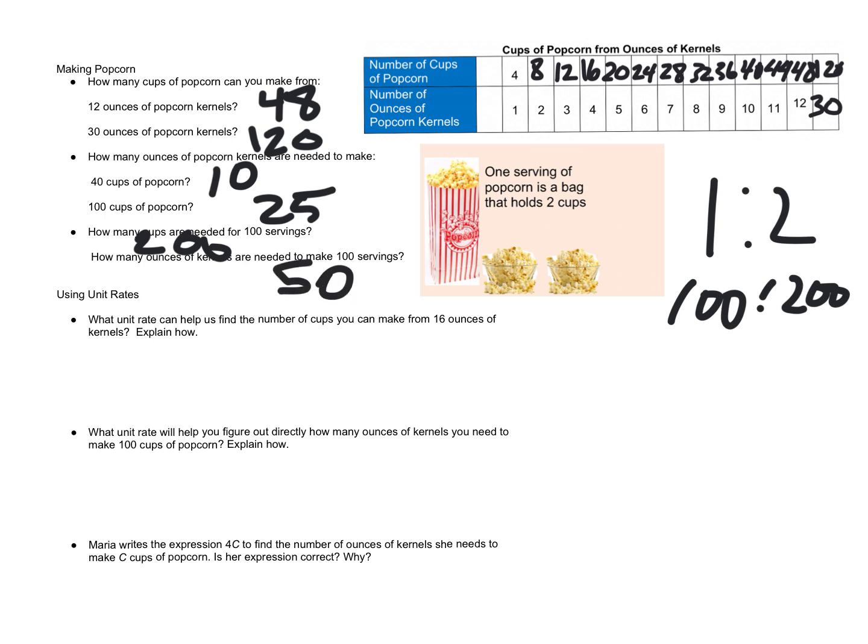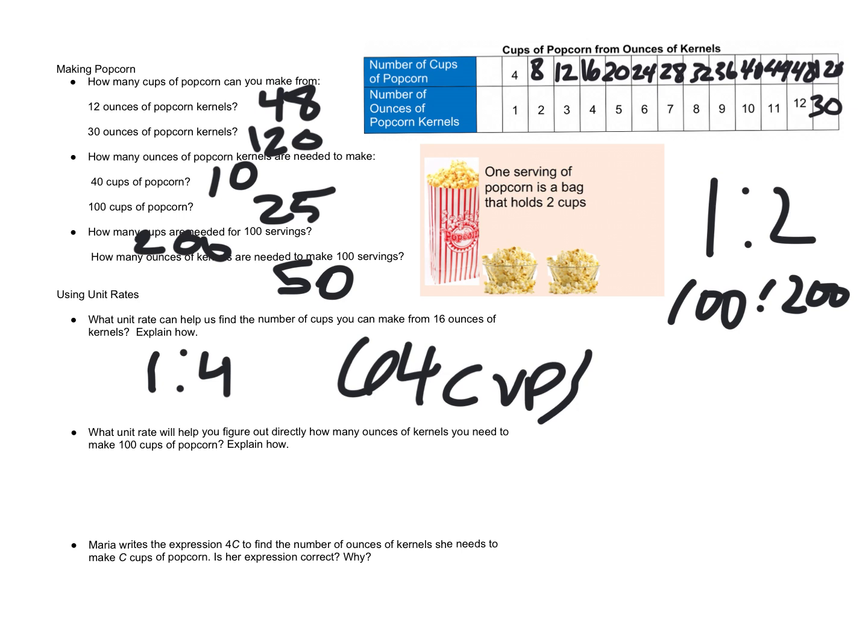All right, let's move on to the unit rate section here. What unit rate can help us find the number of cups you can make from 16 ounces of kernels? We're going to use one ounce of kernels for every 4 cups. That would be the unit rate to use. So I'm going to times 4 times 16, and I would get 64 cups of popcorn.